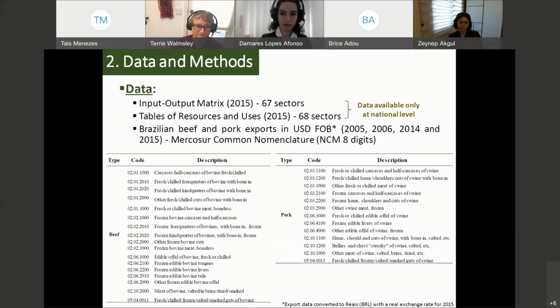In addition, we use data on exports from Brazil, more specifically data on exports of beef and pork. The data were consulted according to the Mercosur Common Nomenclature Codes because they allow for a greater level of detail than the harmonized system, since they have 8 digits of detail.